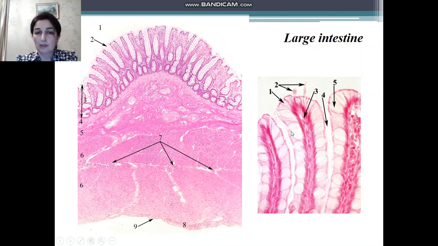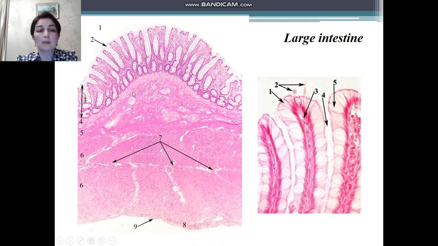Also enteroendocrine cells, they contain regenerative cells in the base and neck region of the intestinal glands. Paneth cells are absent here. We cannot see them in the large intestine.